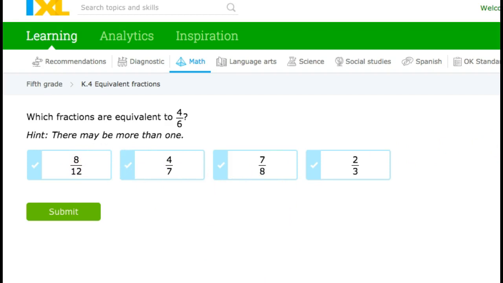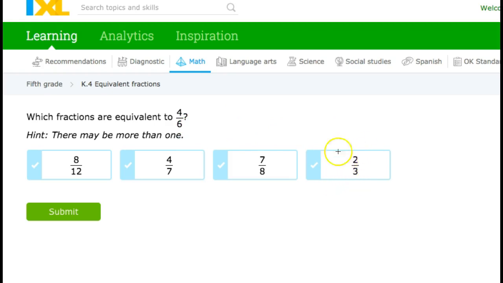So let's ask ourselves, what about 4/7? Is there any way I can multiply the top and the bottom by the same number to get this? 4 times 1 is 4, 6 times 1 is not 7. 4 times nothing gets me 7. It's a prime number, so this is reduced already. And this is 2/3. That's in its simplest form.